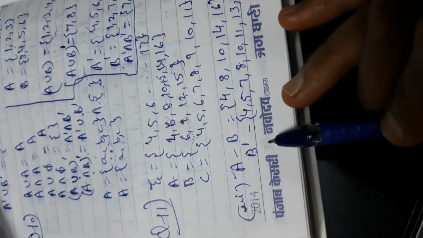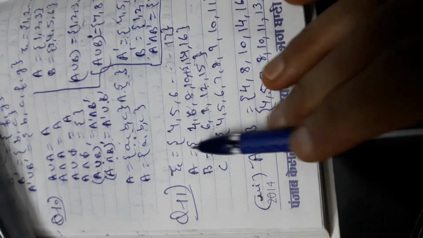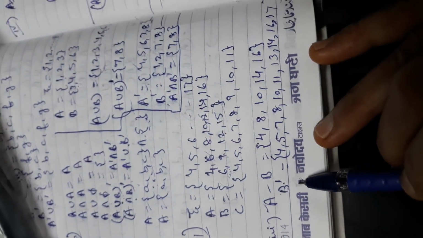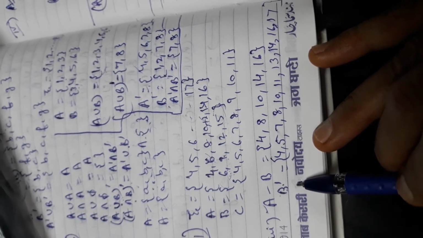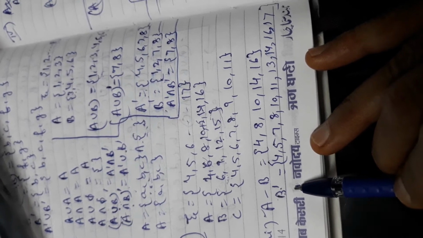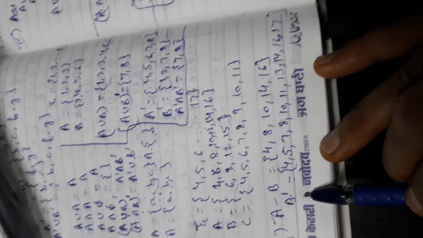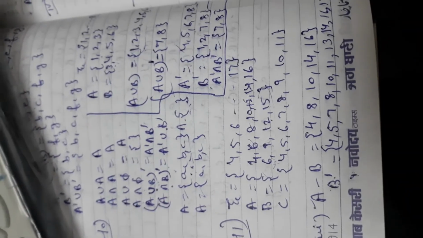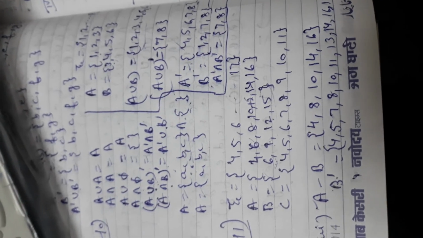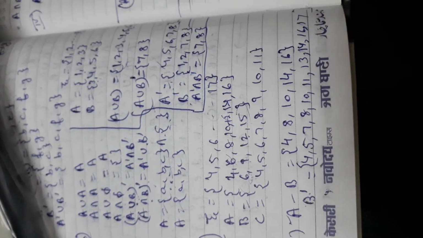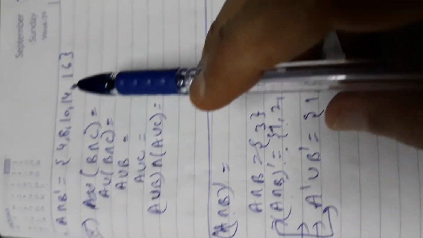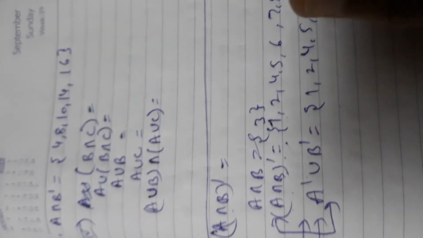Now what is A intersection B'? We have A here and B' here. You can find their intersection. Both together, A and B', common is 4, 8, 10, 14 and 16. So that is your A intersection B'. I think so, so check it. If some mistake is there, do not ask me that doubt. You can do it on your own.